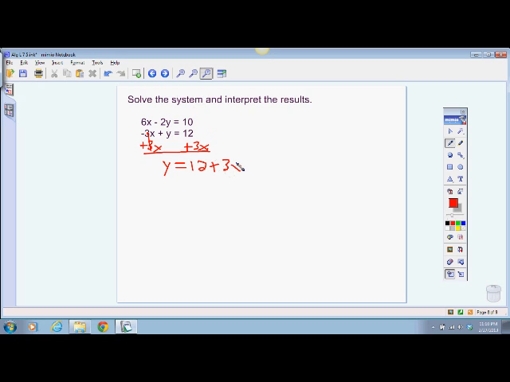And then I can just substitute that right in here for y. So I'm going to have 6x minus 2 times y, but we know now y equals 12 plus 3x, and then equals 10.